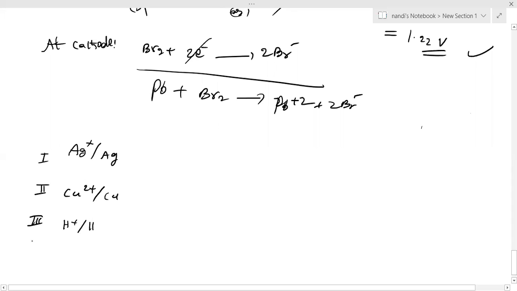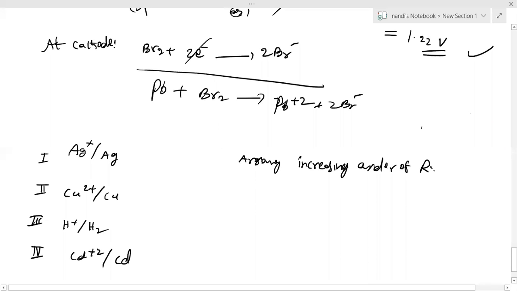Arrange in increasing order of reducing character. Is cadmium given or not? You can check it.